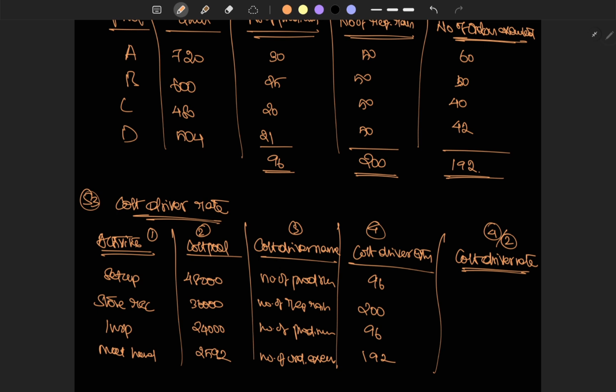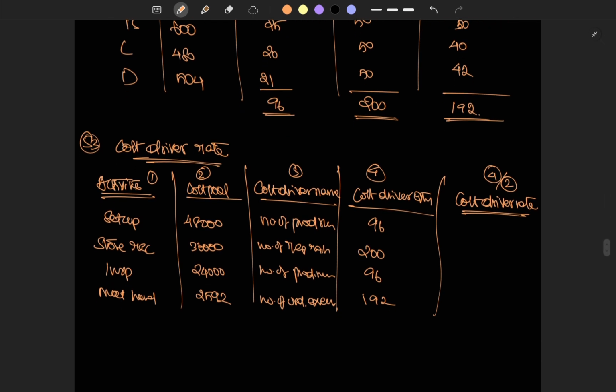So for our understanding, I have put this. 48,000 divided by 96 gives us 500 spent for every setup. 36,000 divided by 200 gives us 180 rupees spent for every requisition. 24,000 divided by 96 gives us 250 for every inspection.